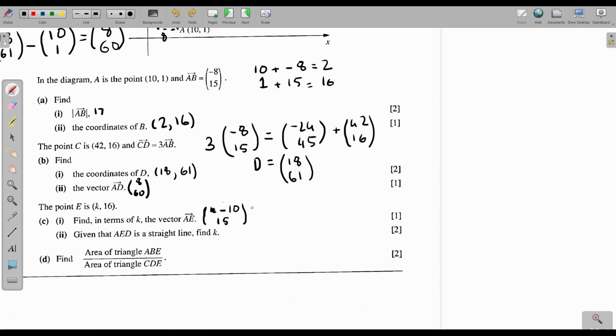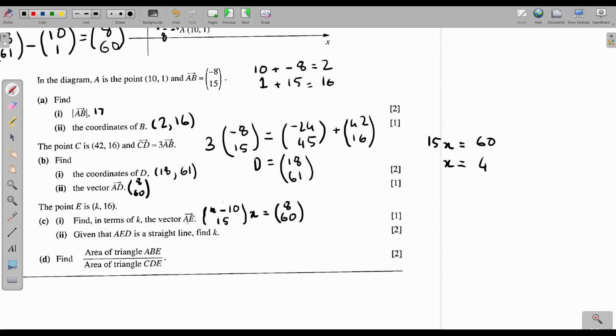AE multiplied by X will give us AD, and we already calculated AD before, which was 8 and 60. So all we need to do is find X, and since these would be multiplied separately, we know that 15x is going to give us 60, which means x is 4, right?